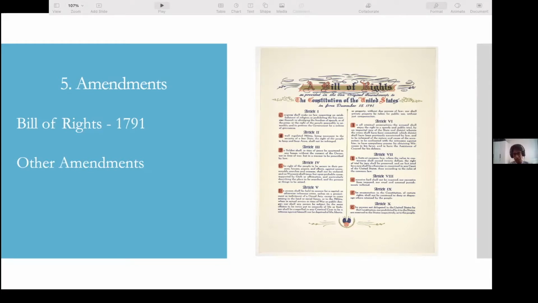Out of these 19 amendments, only 10 were ratified. And these 10 amendments, commonly known as the Bill of Rights, had features such as freedom of speech, freedom of religion, freedom to assemble. And the Bill of Rights was enacted in the Constitution in 1791.